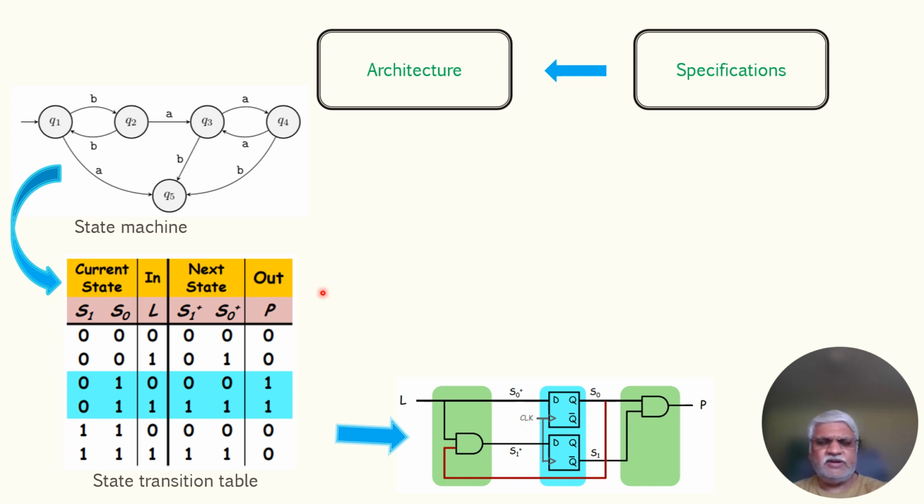There are different Karnaugh maps to do all these things. I am not going too deep into it, but I just wanted to show that we converted the architecture into a state machine, and then brought it into a circuit-level design, that is, both combinational and sequential circuits.